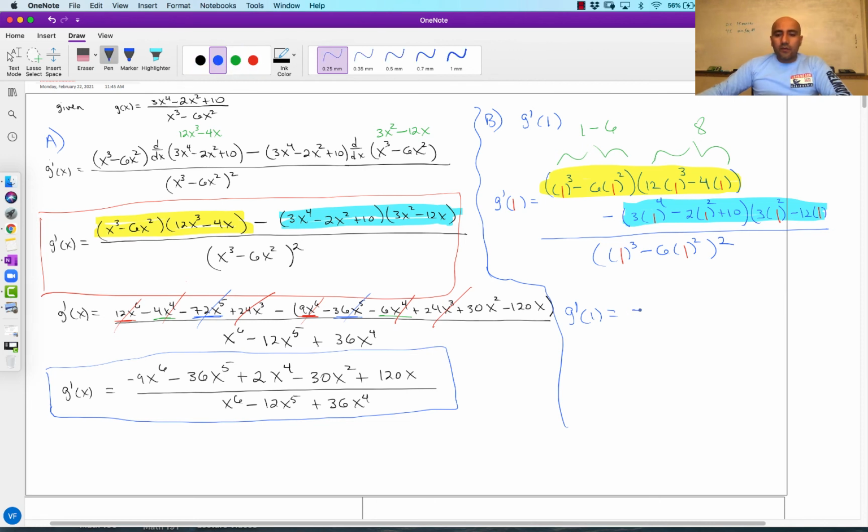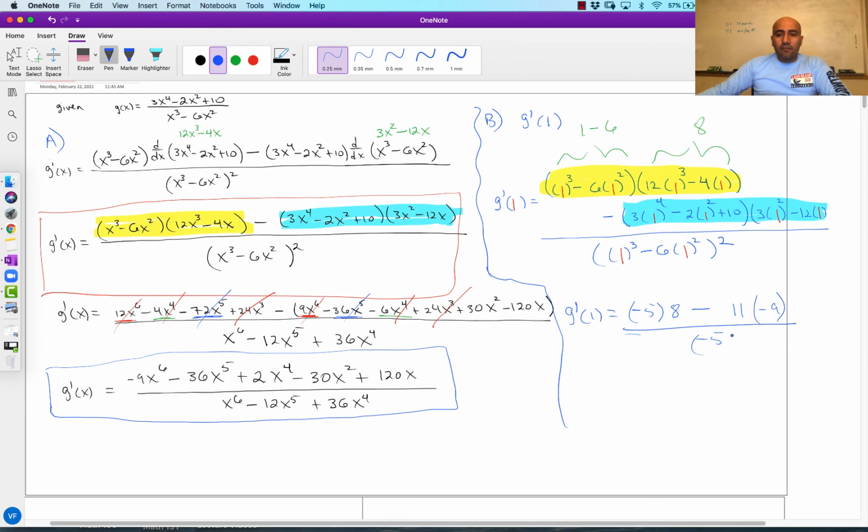So this would be negative 5 times 8 minus, and then here I end up with 3 minus 2, which gives you a 1, plus 10 gives you an 11. 11 times, and then this is 3 minus 12 gives you a negative 9. All of that gets divided by 1 minus 6, which gives you a negative 5 squared.